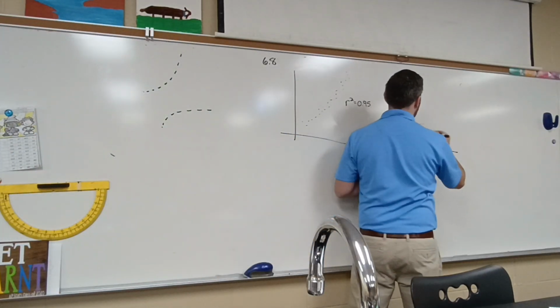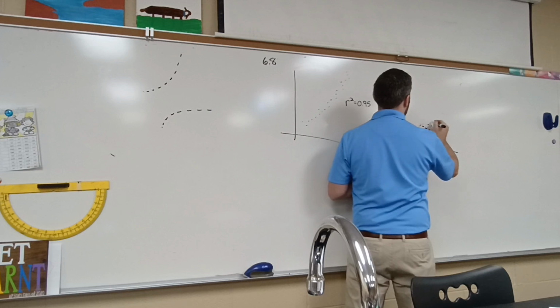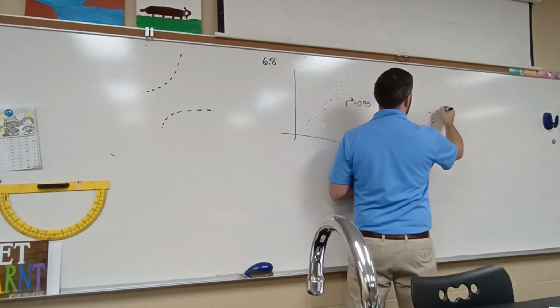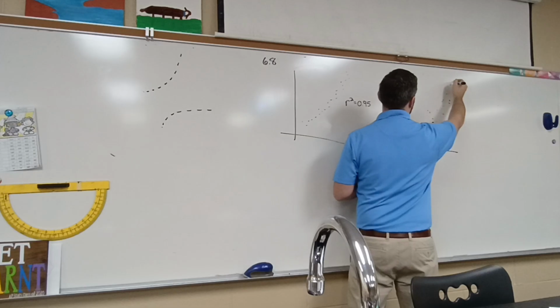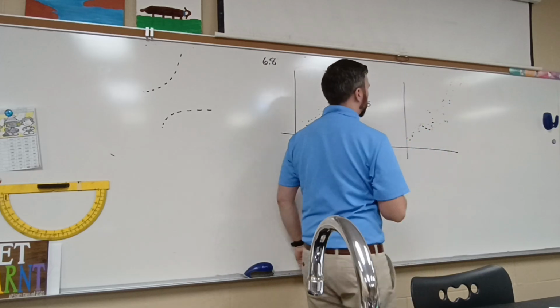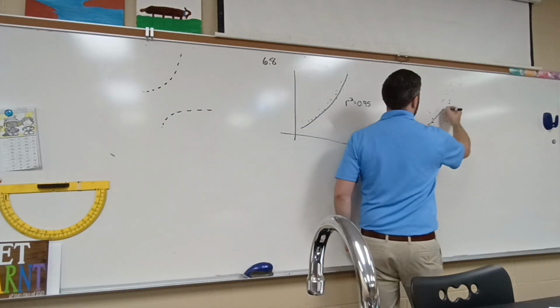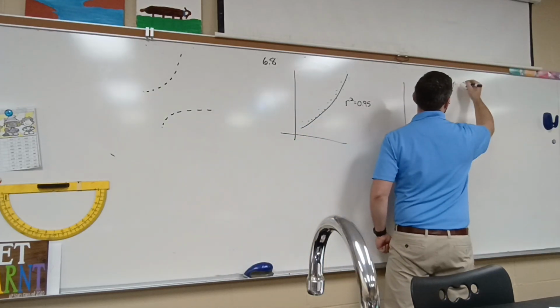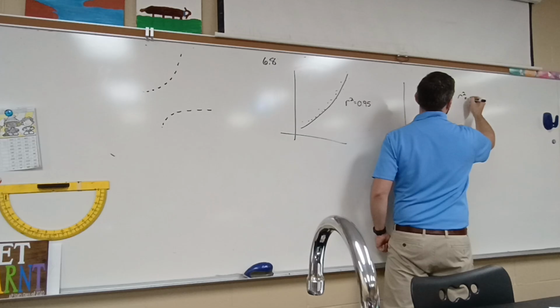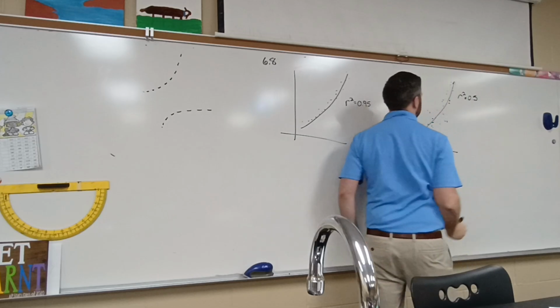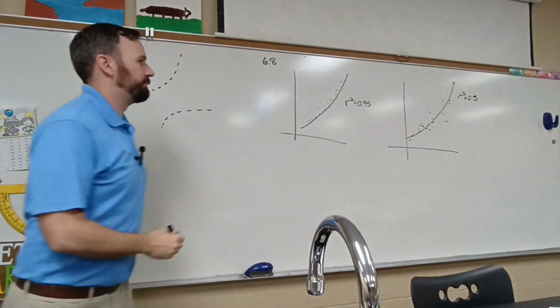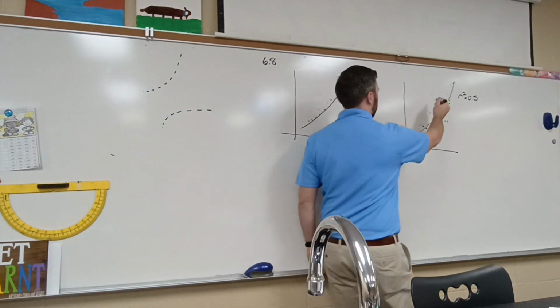You see it? What would one like that be? This one would be probably closer to 0.5-ish, right? Actually, that'd probably be close, like better than that.